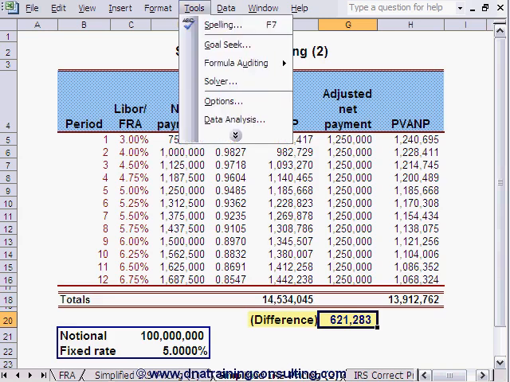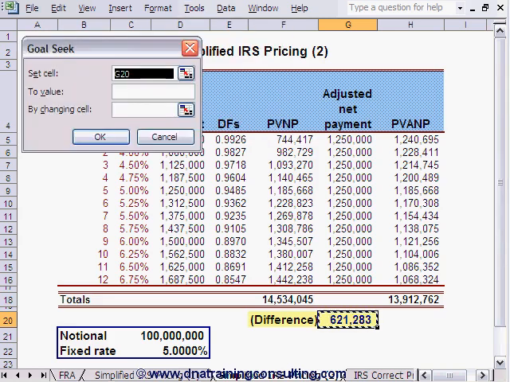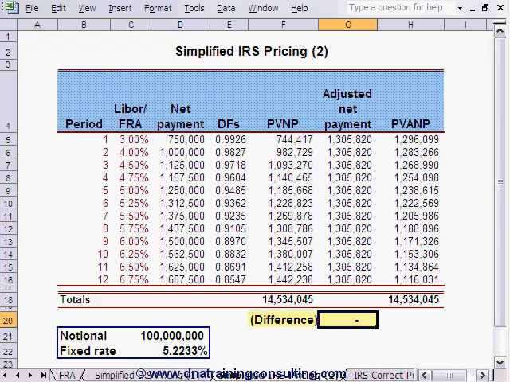Thus, Tools, Goal-Seek, set cell G20 equal to value 0 by changing cell D22, hit OK, and this reveals in cell D22 a fixed rate of approximately 5.22%.